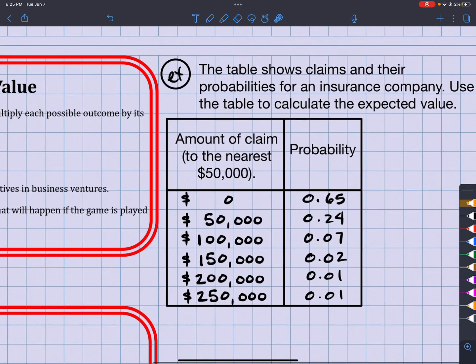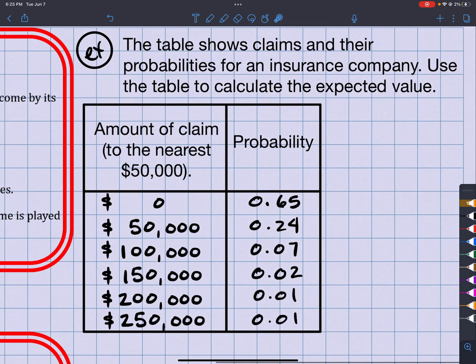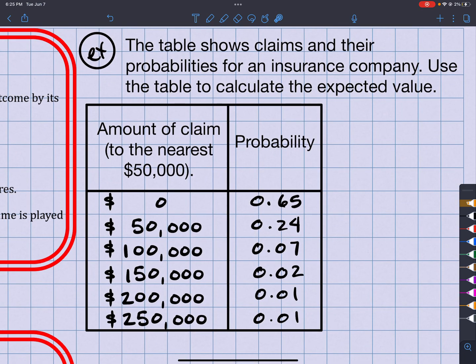So over here, it says the table shows claims and their probabilities for an insurance company. Use the table to calculate the expected value. So obviously, with insurance companies, it's really not about losses, right? Well, it is other people's losses, but the insurance company is paying the whole bill, well, almost the whole bill, right?